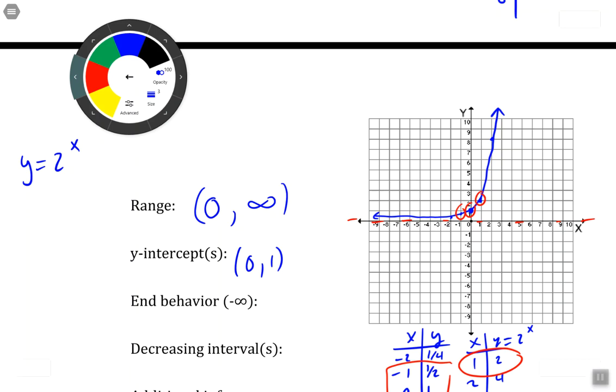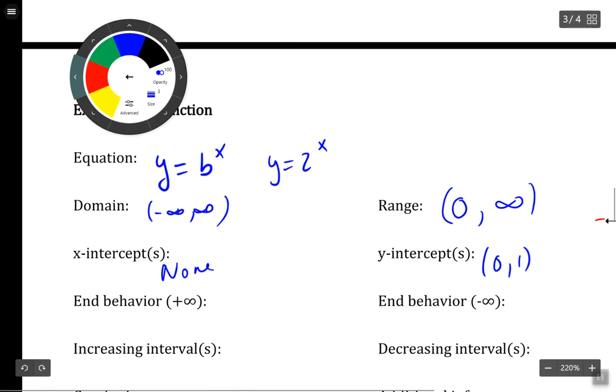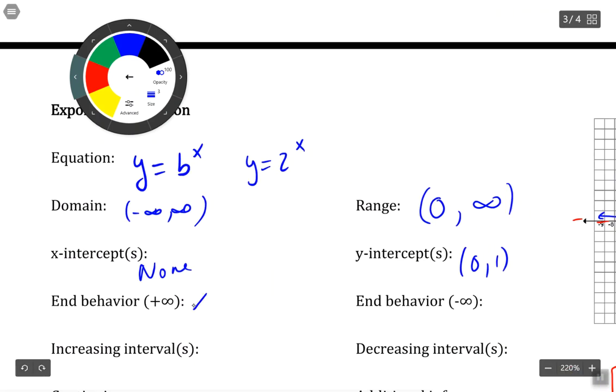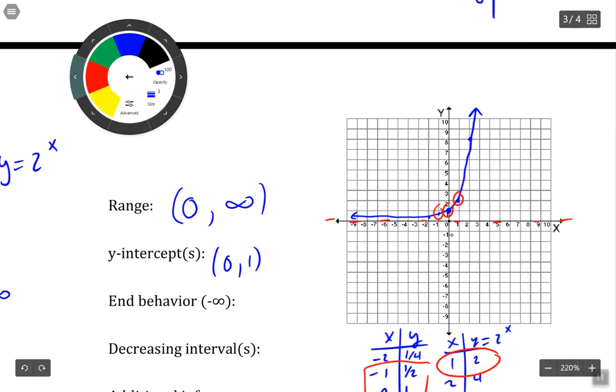Everybody okay with that? End behavior. This is going to be fun. This is a little different. As x approaches infinity, what is y going to approach? Infinity.